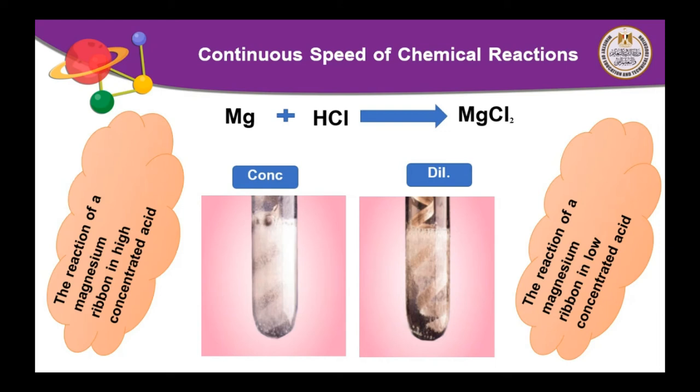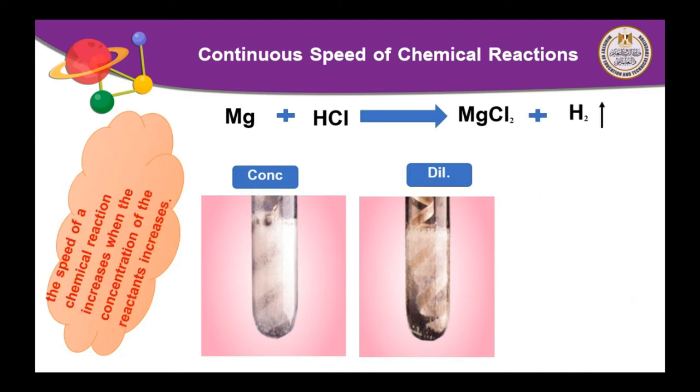So the effect of increasing the concentration of reactant is to increase the number of collisions and increase the speed of the chemical reaction. Okay? So the speed of the chemical reaction increases when the concentration of reactant increases. By increasing the concentration of reactant, the number of collisions increases, so the speed of the chemical reaction increases.